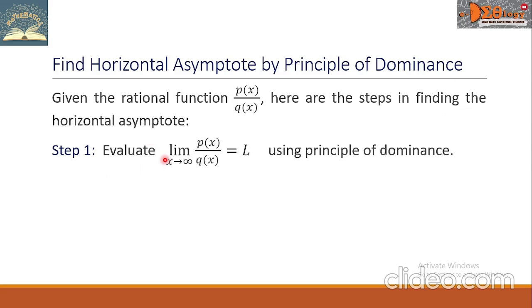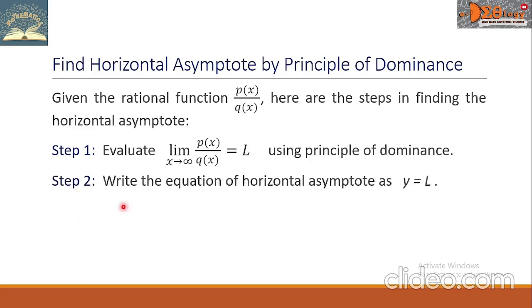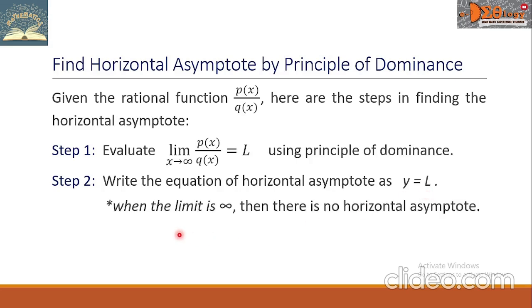Evaluate the limit of the function p of x over q of x as x approaches infinity, and that is equal to capital L, using principle of dominance. Step 2. Write the equation of horizontal asymptote as y equals L. Note that when the limit is infinity, then there is no horizontal asymptote.